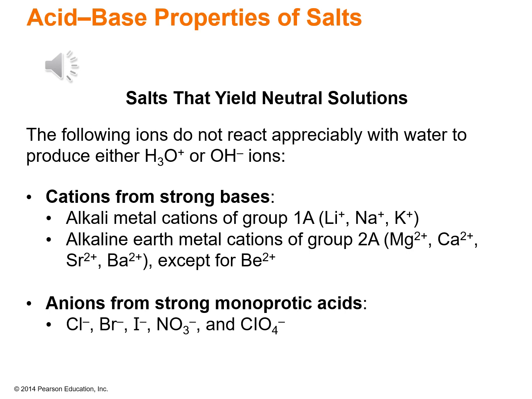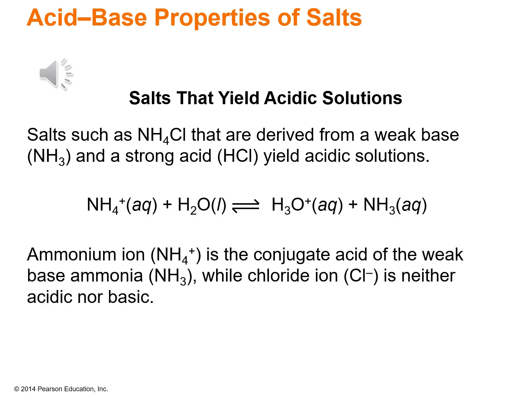The following cations from strong bases and anions from strong acids will yield a neutral solution. Ammonium chloride, which is derived from a weak base and hydrogen chloride, will yield an acidic solution.